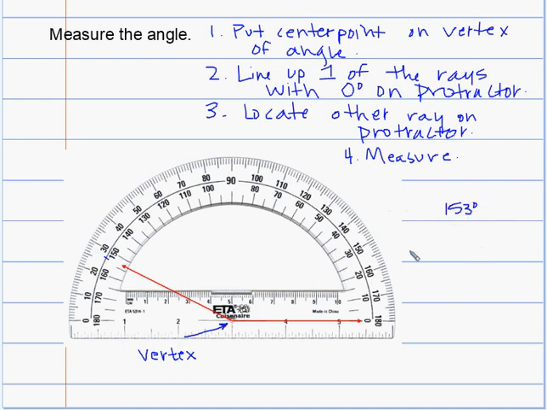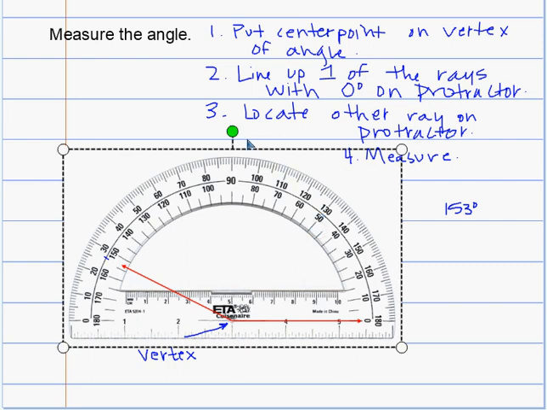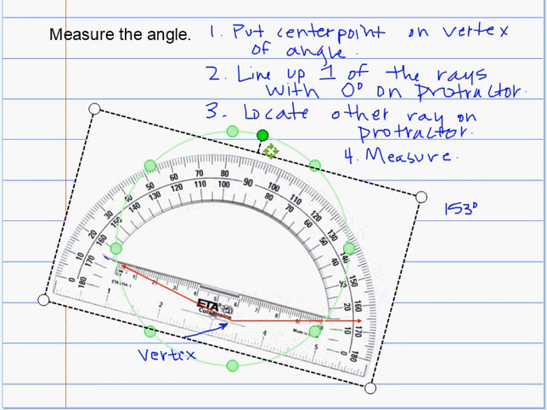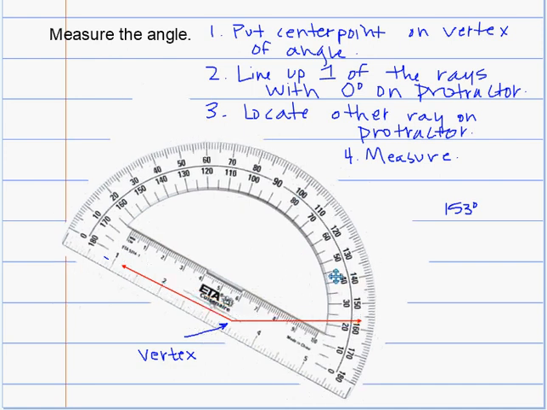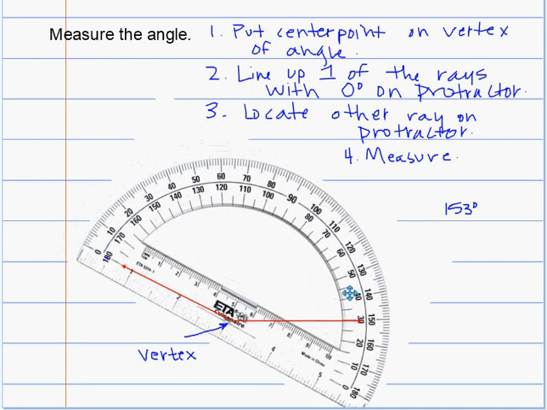Now, what happens if I wanted to use the other ray? Let's see if I can make this happen here. If I want to use the other ray, I need to spin my protractor, or spin the book.